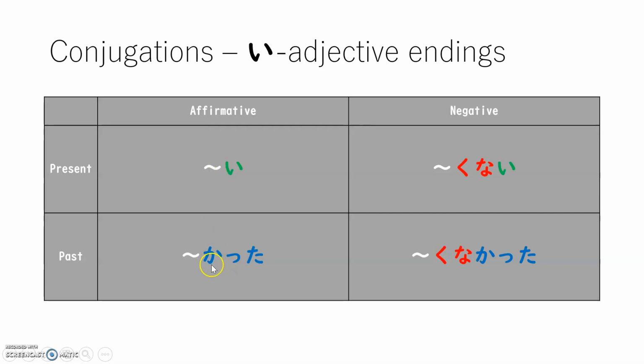So we drop i and we make it katta. That makes it past. For the past negative, we're going to bring down this kunai and see how we now have this i? Sort of like this i over here. Well, to make that i past tense, we made it katta. We're going to take this i and also make it katta. So we get kunakatta.